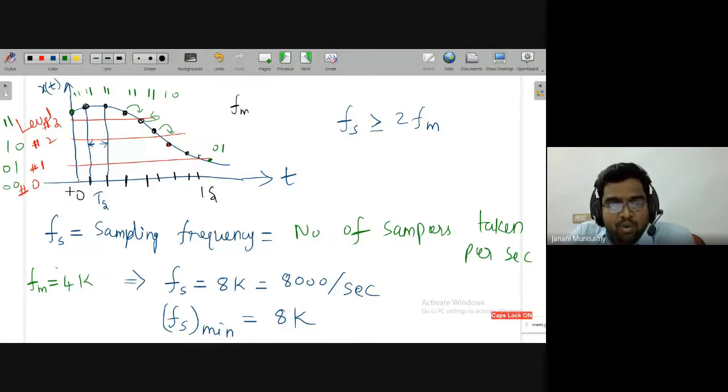But if you assign 4 levels, each sample has to be represented by 2 bits. ஏன்னா டிஜிட்டல்ல 4 லெவல் இருந்தா ஒரு லெவலுக்கு மினிமம் 2 பிட்ஸ் அசைன் பண்ணி ஆகும். If you assign 8 levels, each sample will be assigned 3 bits. 16 levels, each sample will be assigned 4 bits. பட் இது நீங்க எத்தனை லெவல் வேணாலும் அசைன் பண்ணலாம், அது ப்ராப்ளம் கிடையாது.